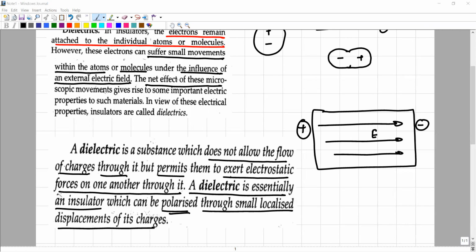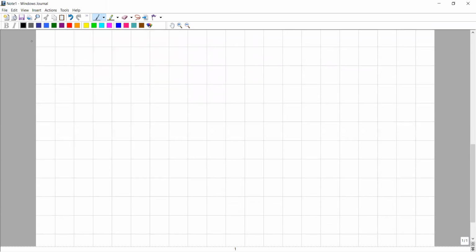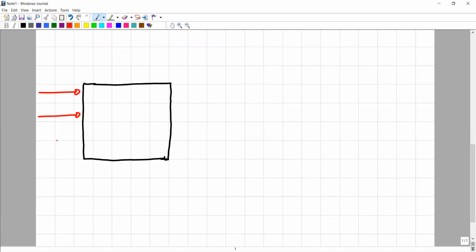Now, let us understand the behavior of an insulator and a conductor in an electric field. Let's say we have a conductor. You already know that conductors will allow flow of charge. So when you put an external electric field onto the conductor, let's give this electric field the value E naught.